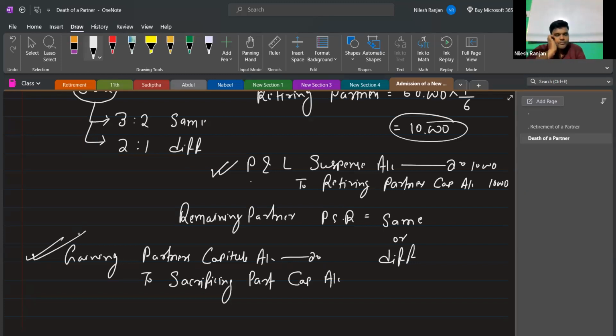Now, the name of the account changes. In case of retirement, you prepare the retiring partner's loan account, but in case of death, you will prepare the executor's loan account. So the name is changed.